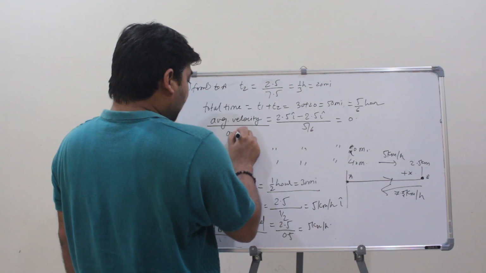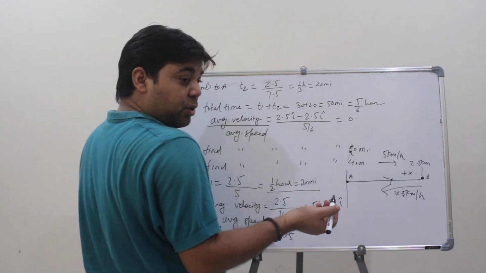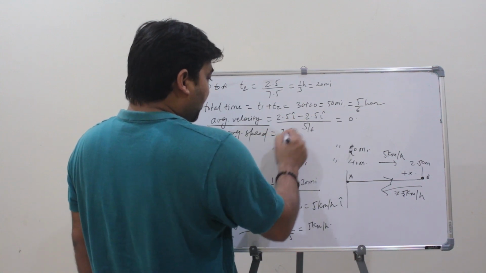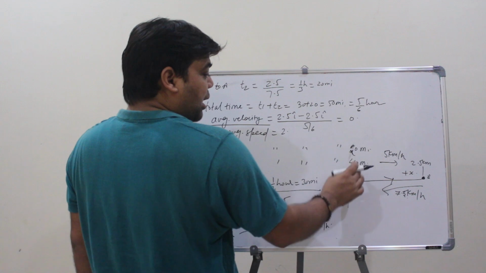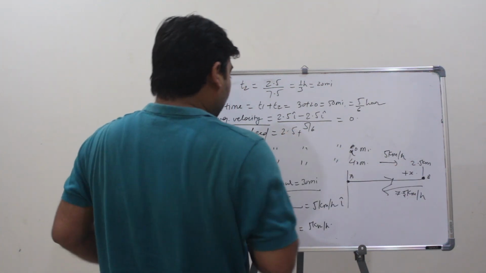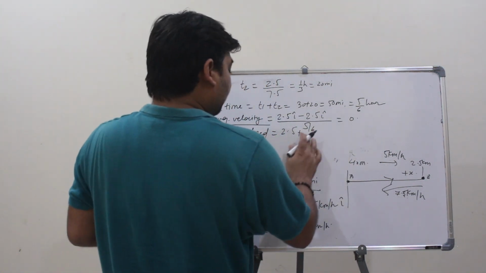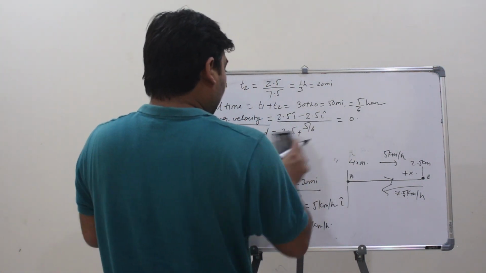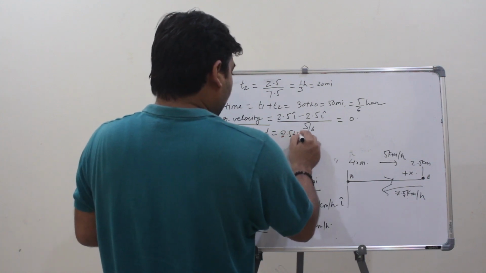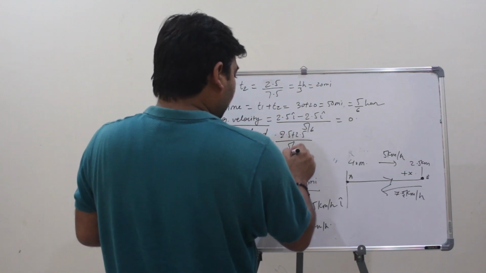Now what is the average speed? But is the average speed also 0? No. So now let us take the modulus of this. So 2.5 plus 2.5 divided by this time 5 by 6.